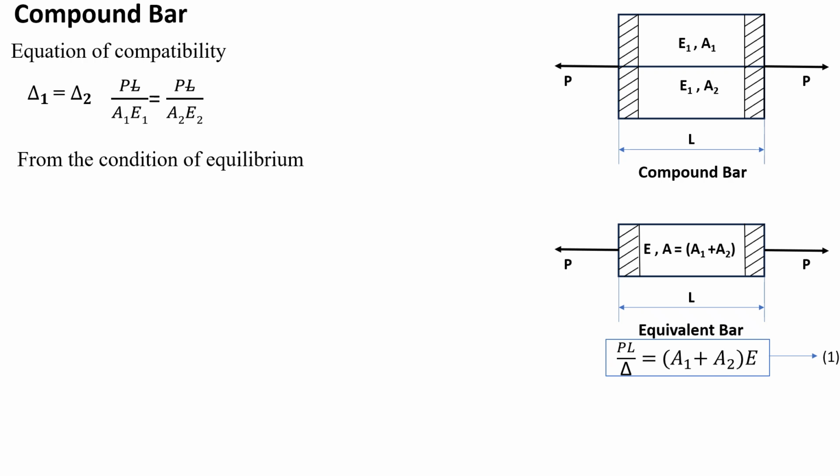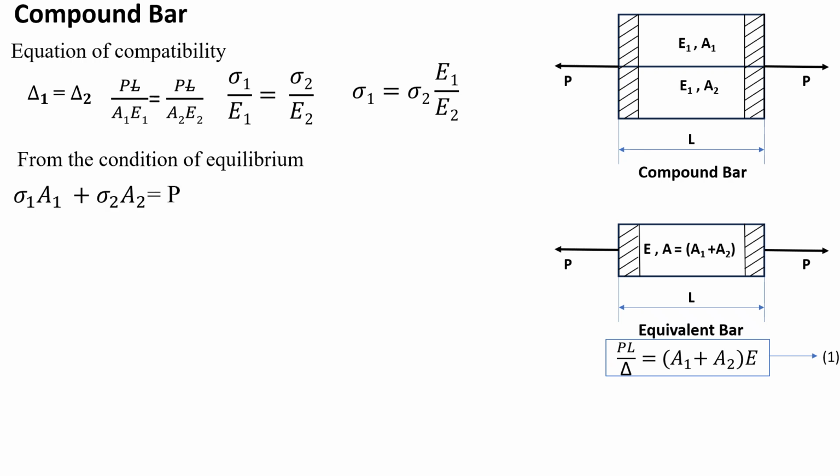So L will be cancelled, and P by A1 is sigma 1 and P by A2 is sigma 2. So this relation can be written as sigma 1 by E1 equals sigma 2 by E2, and sigma 1 becomes sigma 2 into E1 by E2. Next we have to use the condition of equilibrium.